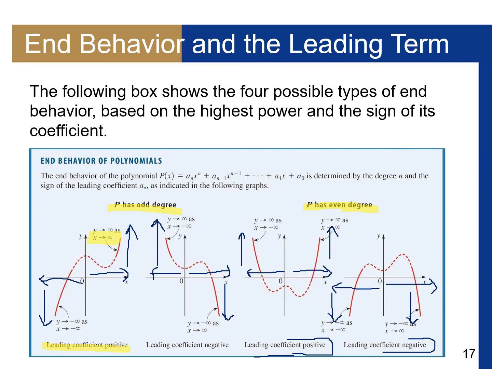So I like to find ways to try to remember things like this, so that's one way you can remember. And similarly, if I have a positive and a negative, then that will give me negative. So if my leading coefficient is negative, then my x and y approaches are going to be in opposite directions. Okay? So lots of information here.